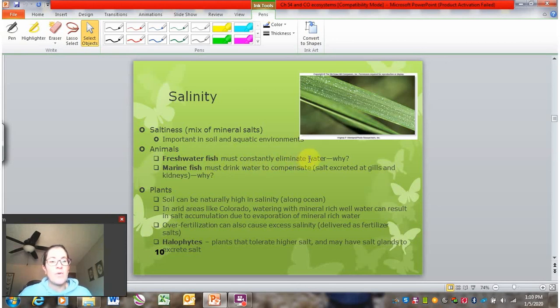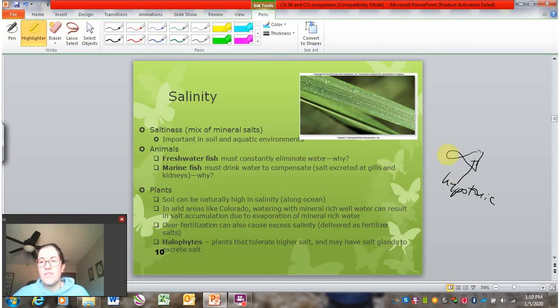If you remember back to tonicity, you have a hypotonic condition in freshwater. So here's my fish. If they're in freshwater, then the environment is hypotonic and the water tends to flow into the fish through osmosis. And so they would explode if that just always was happening.